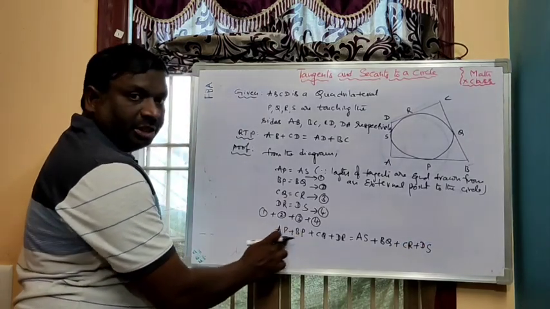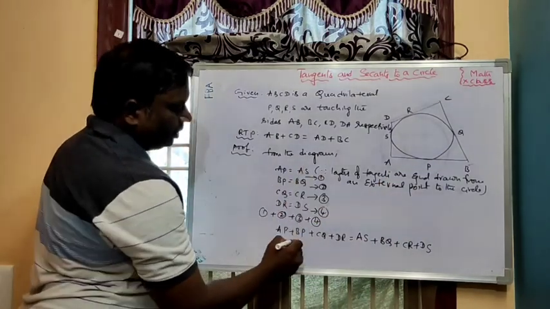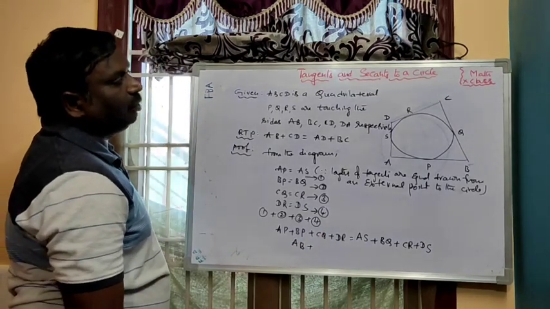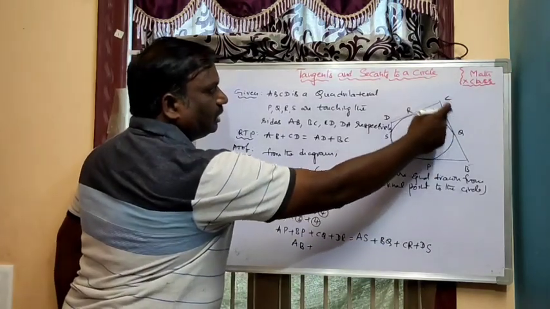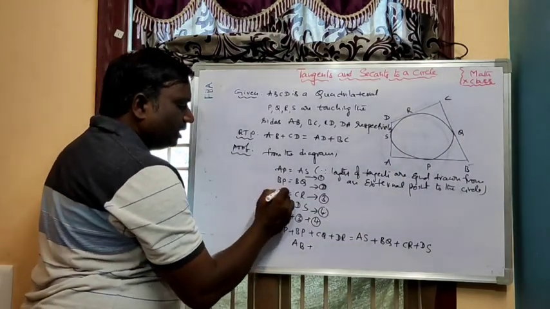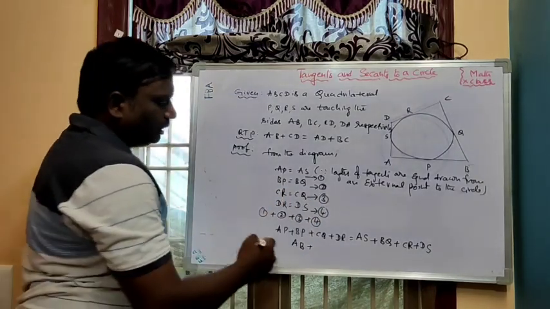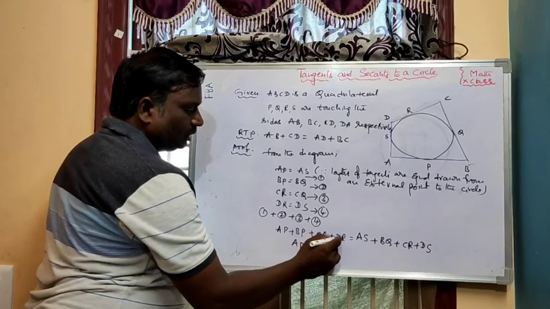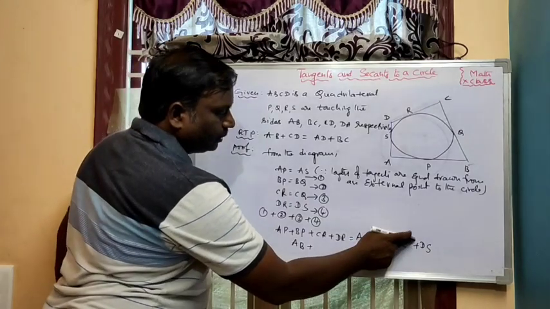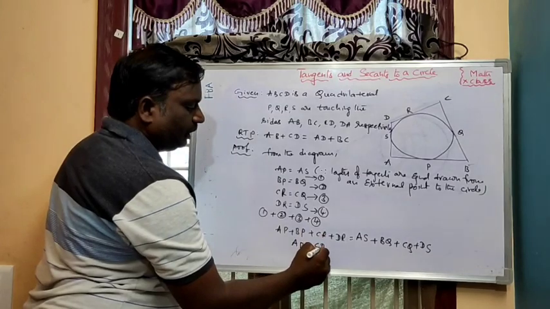From the diagram, AP plus BP is AB. CR equals CQ, so CR plus DR is CD.